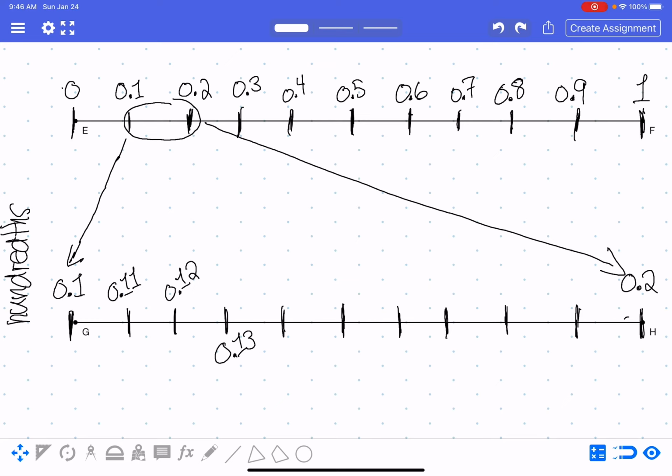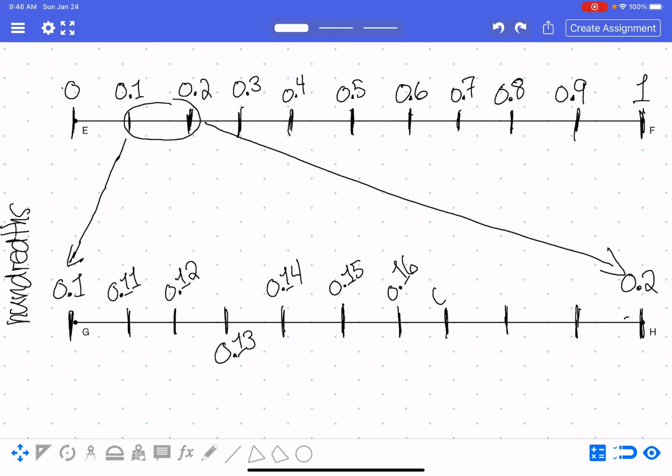Then we're going to have 0.14. So we're counting up by a hundredth each time. We're adding a hundredth to each number. The next one will be 0.15, then 0.16, counting up by hundredths.